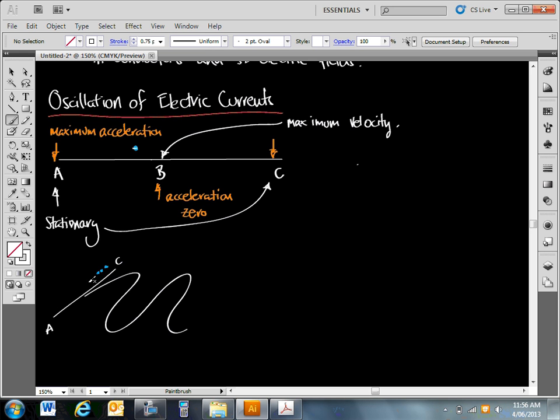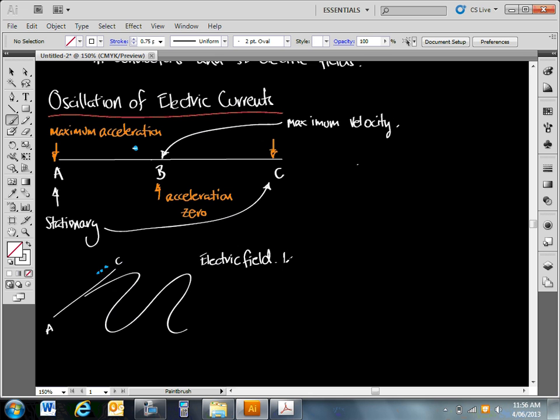They'll oscillate, they'll accelerate, and it will cause the creation of this electric field in the same plane as the oscillating electrons.